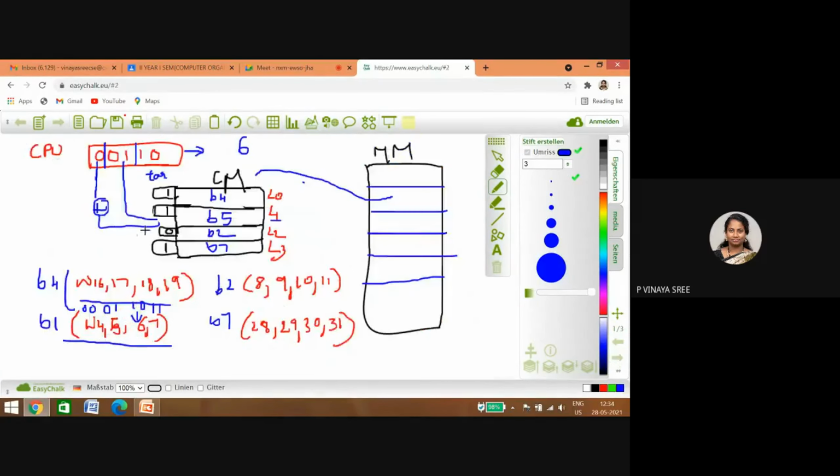So in this case, as there is a miss, it takes that block 1, and block 5 has to be removed, and this block 1 has to be placed in this. In such a case, the other blocks inside the cache which are not used at all will not be used.